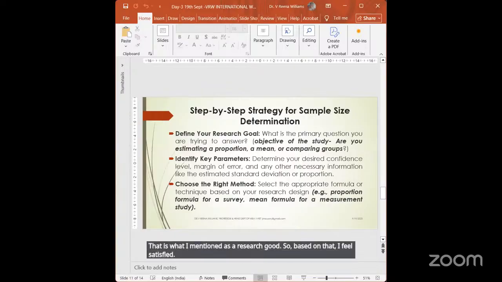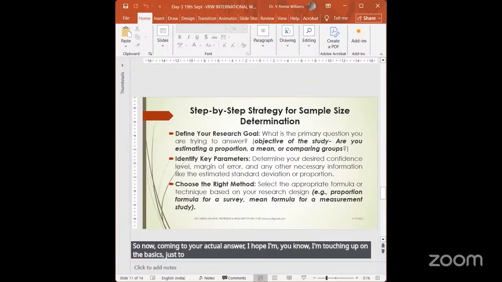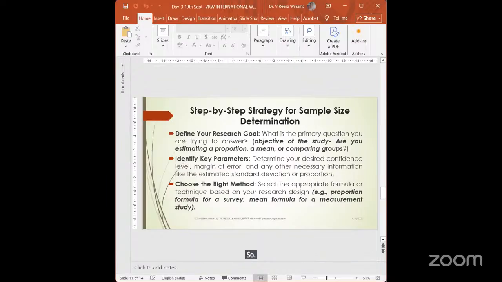So now coming to your actual answer, I'm touching up on the basics just to make you understand. If I have just 10% accuracy, do you think my study is good? No. If it is 50% accurate, it is like 50-50. It may be good, may not be good. But if it is 95% good, what does it mean?